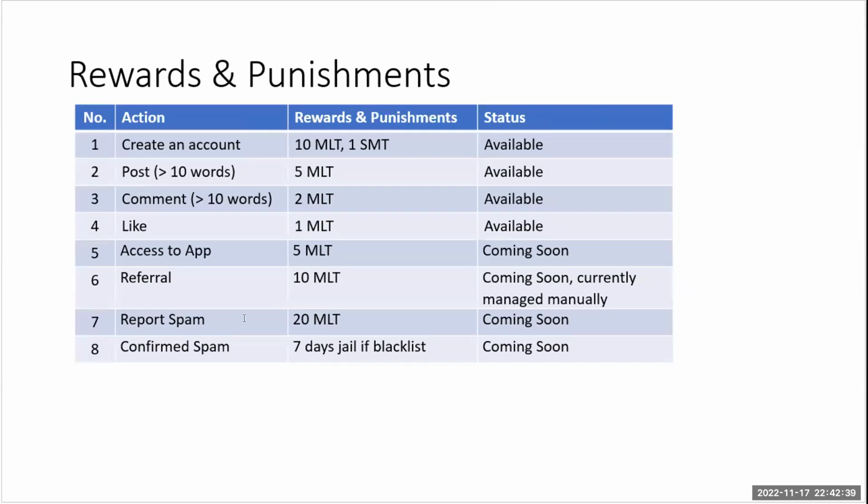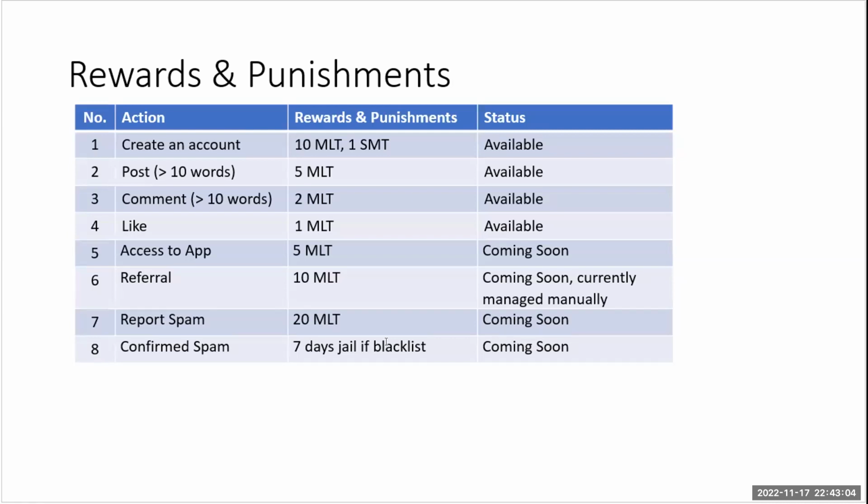Right now, our team is going to review the report, and our team is going to determine whether that is a real cross or not. If that is a confirmed spam, then that account is going to be blacklisted. Now, when the account is blacklisted, you will not be allowed to post for 7 days.